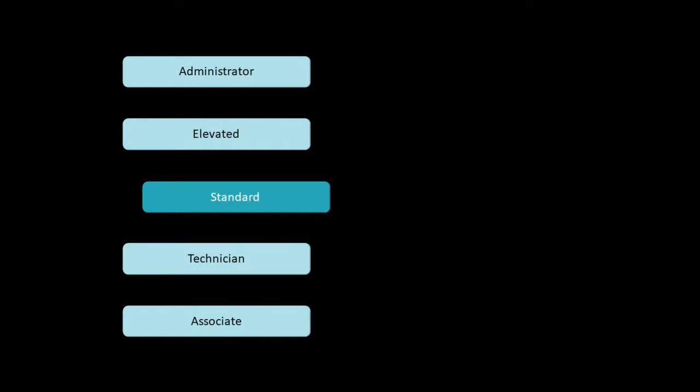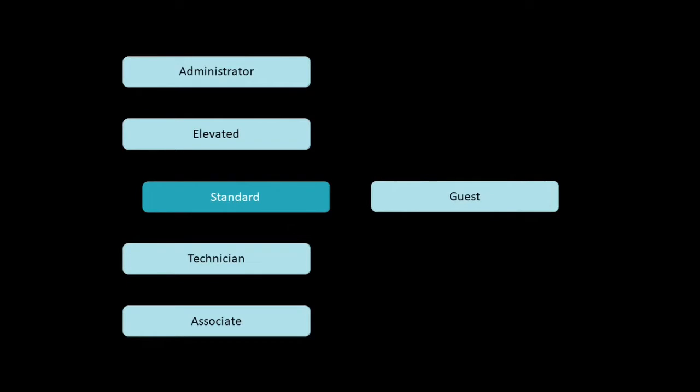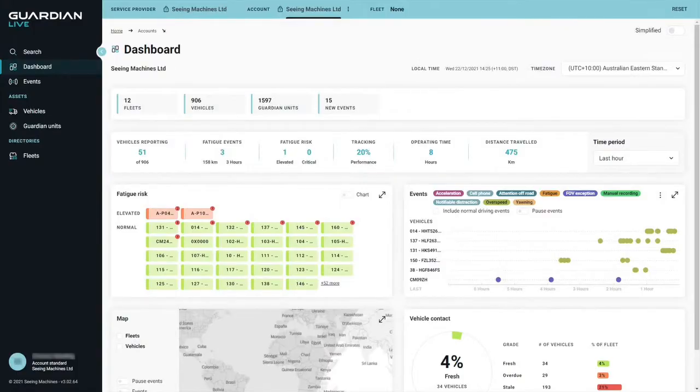If you need access to more than one fleet, but not all fleets in an account, you'll have a guest grant associated with those fleets, in addition to your primary grant. Administrators can also set whether users can view event video and images. If you have questions about your scope and grants, and to request changes to them, please contact your administrator.